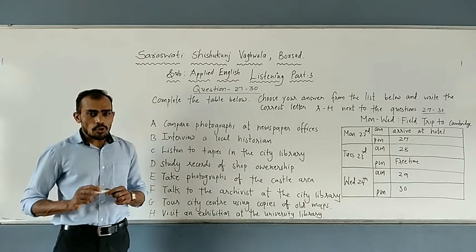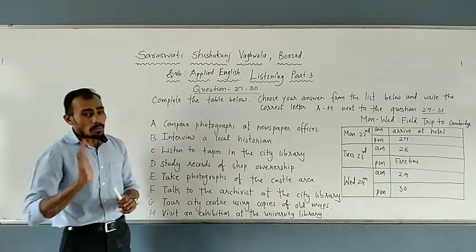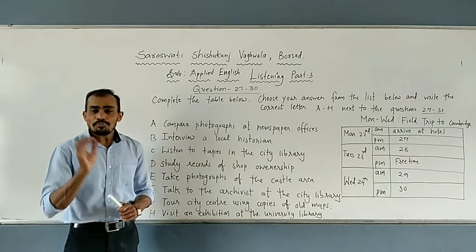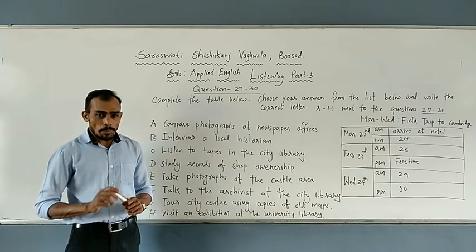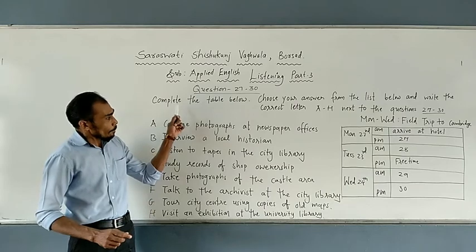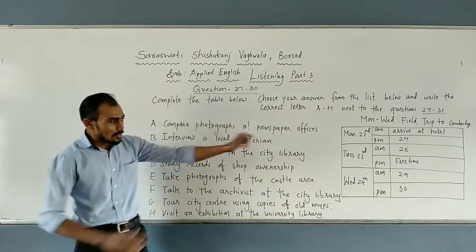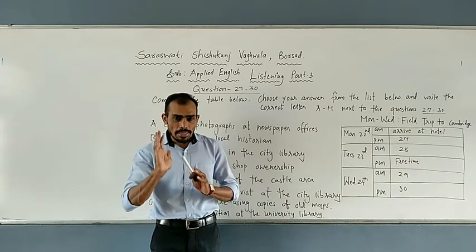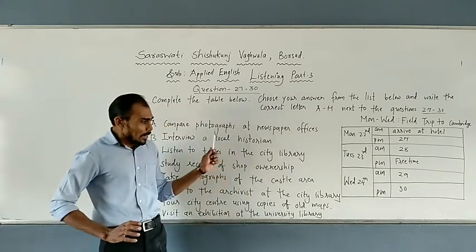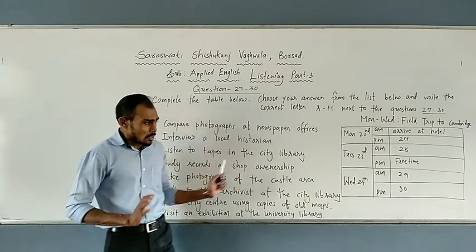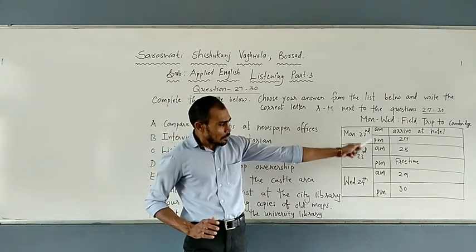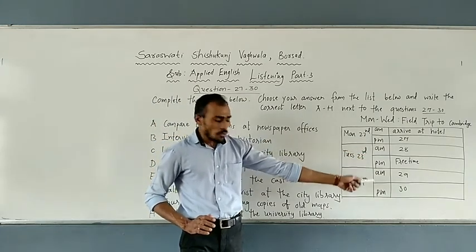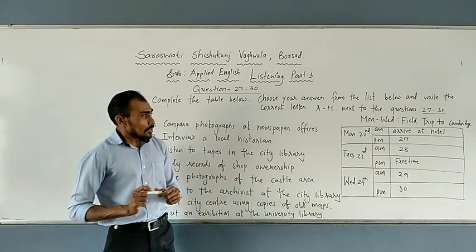I hope you have done listening, you have written your answers. Just you need to check your answers, students. Okay, before that, what things we need to keep in mind? Instructions we need to keep in mind. What? Complete the table below. So this is the table we need to complete. How? When you do listening very attentively, definitely you can get the correct option, and you need to write it for question number 27, 28, 29 and 30. Okay.